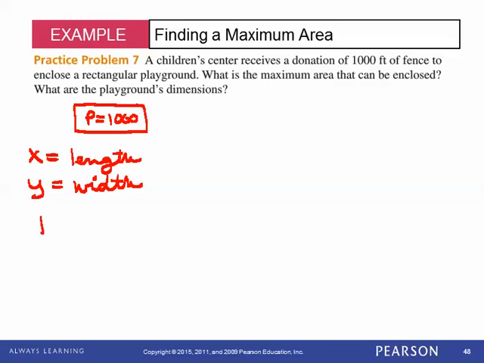And from geometry, we know that P is equal to 2l plus 2w. So let's plug in what we know. P is 1,000. The length is x, and the width is y. But that's not what I'm trying to maximize. I'm not trying to maximize perimeter. I'm actually trying to maximize the area.